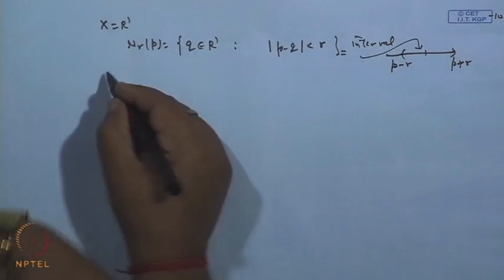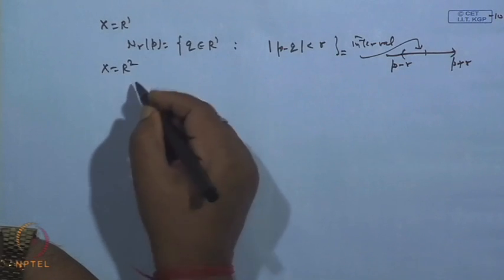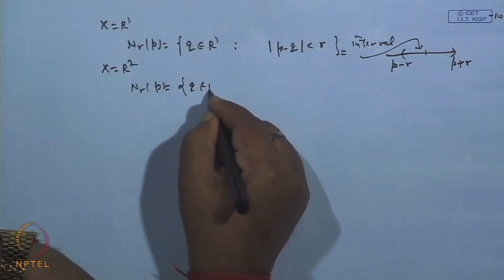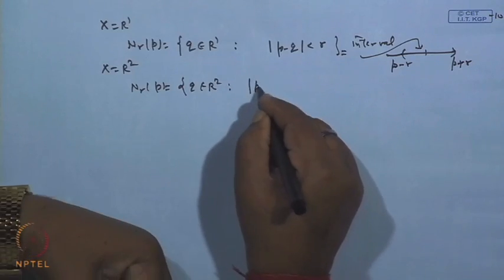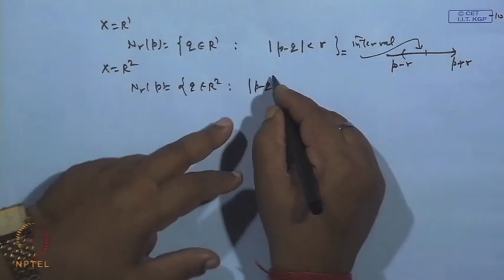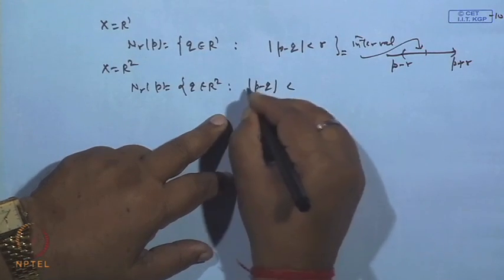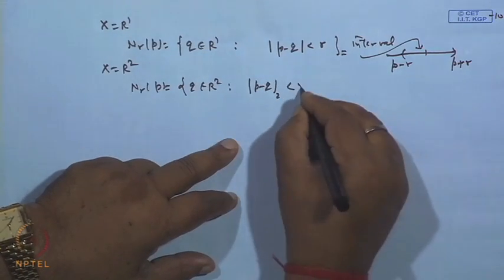When X is R2, then N_r(P) is Q belongs to R2 such that the distance d2 of P and Q is less than r.